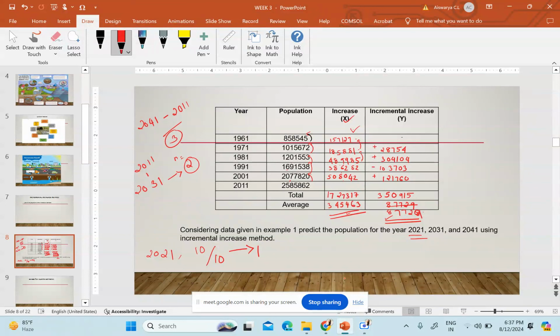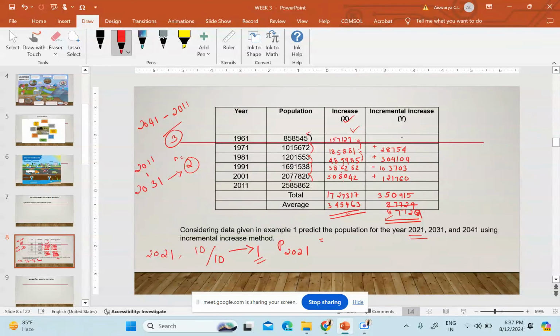If anyone has any doubt on how to calculate the decades, this is easy, right? Finding the number of decades from the last known year. No doubts? Okay, fine.